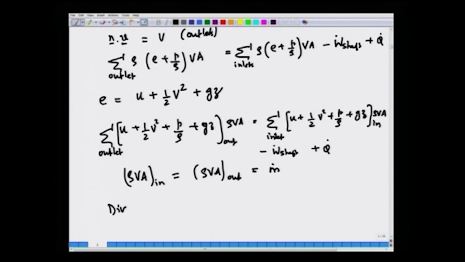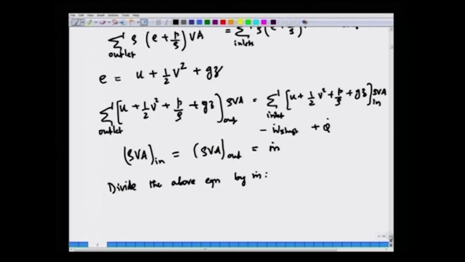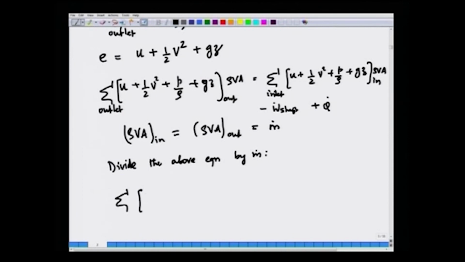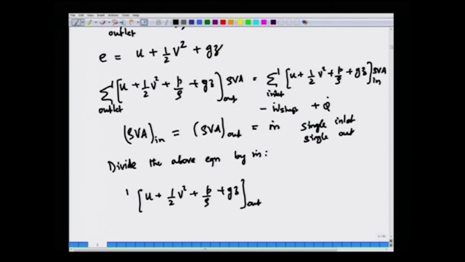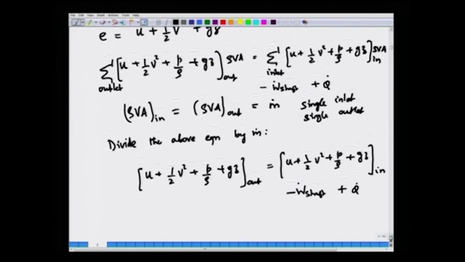So, we can divide the entire equation by the mass flow rate to give, specializing to the case of a single inlet and single outlet, u plus half v squared plus p by rho plus g z at outlet, minus the same at inlet, is minus w dot shaft plus q dot, all divided by m dot.